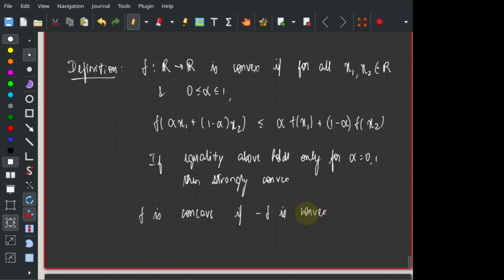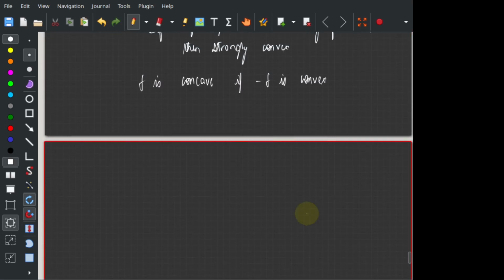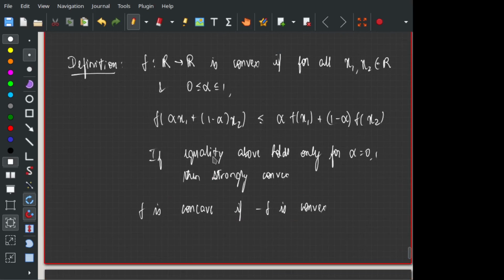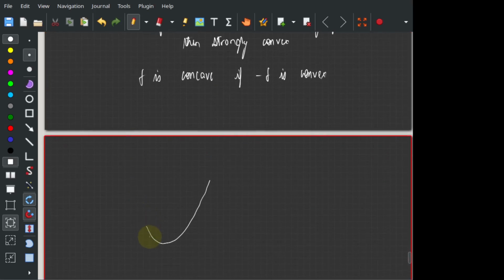All right, so let's look at this definition a little more carefully. What does it mean? What is the geometric interpretation? Typically when you think of a convex function, what should it look like? Something parabolic, like a bowl shaped thing, right? So visually, this is what a convex function would look like. Now, what does the definition say? The definition says that if I take any x1 and x2 and any alpha between 0 and 1, so let's pick two points.